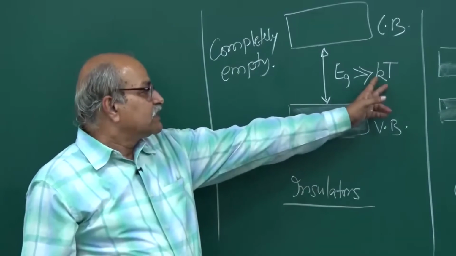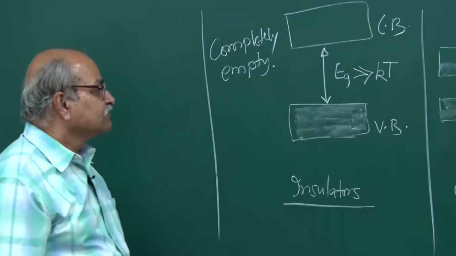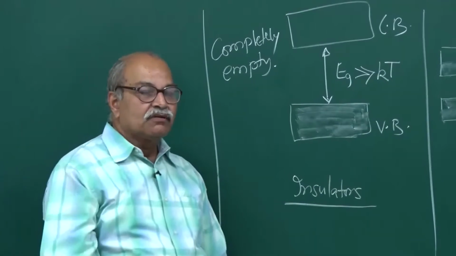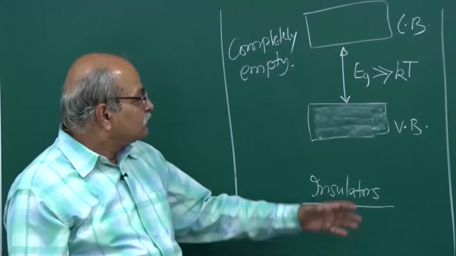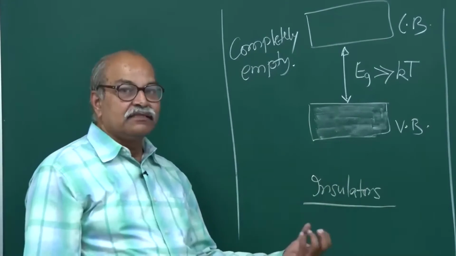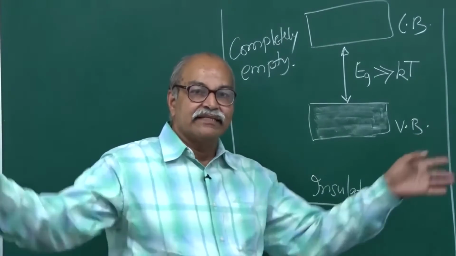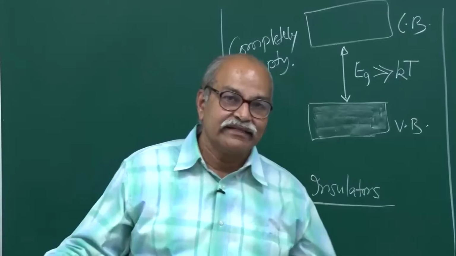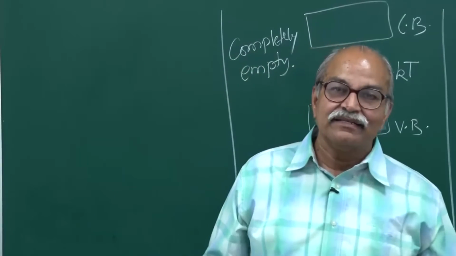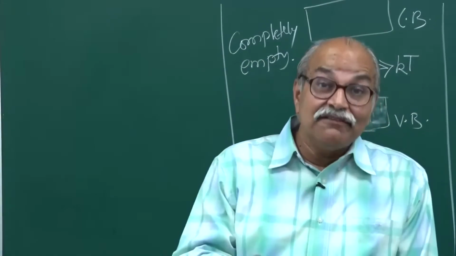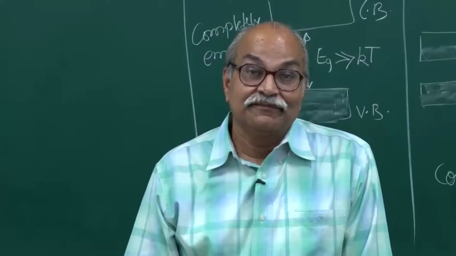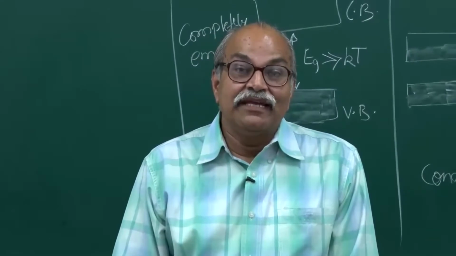Now let's talk about this kT business. As I told, through thermal interactions, electrons and the lattice keep exchanging energies, and that energy exchange is on the average of the order of kT.